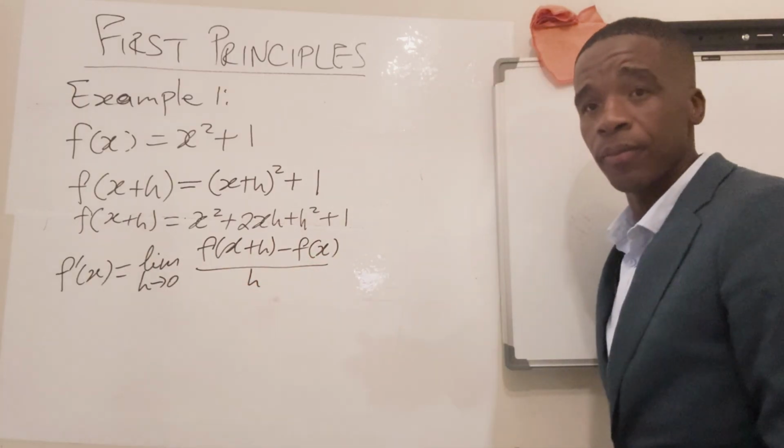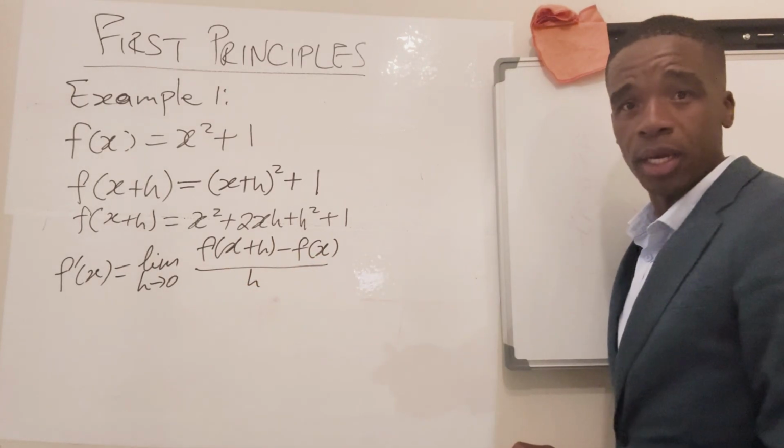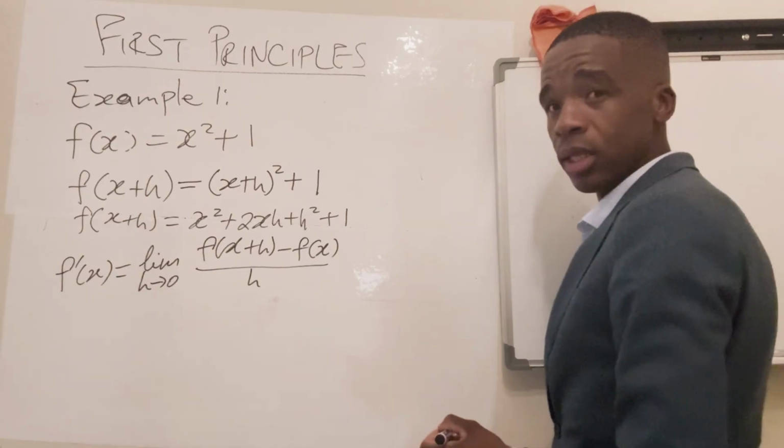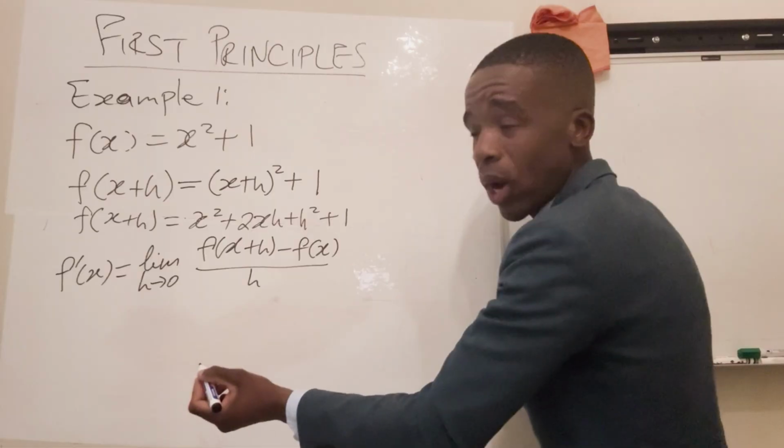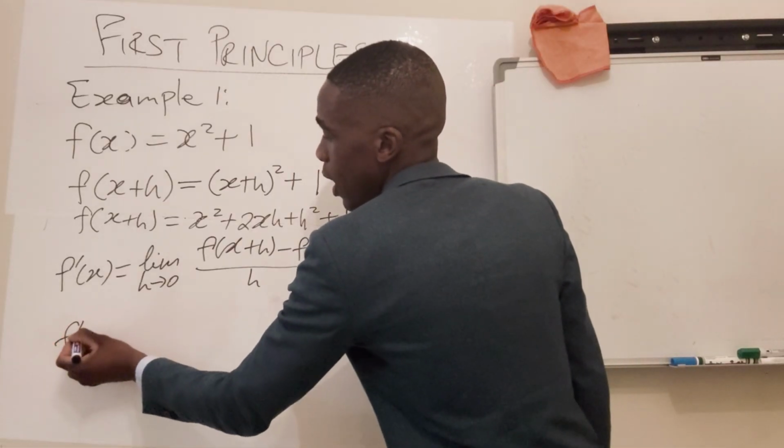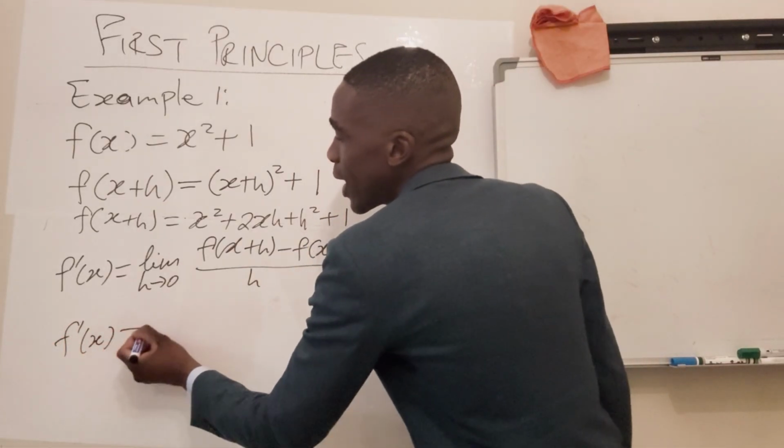Are we together? That would then give us the following. We're having f prime of x is equal.